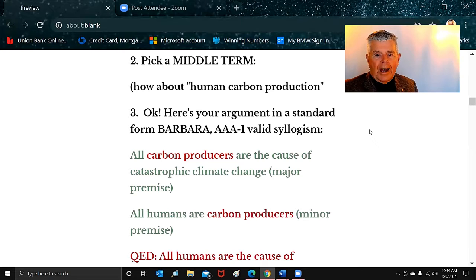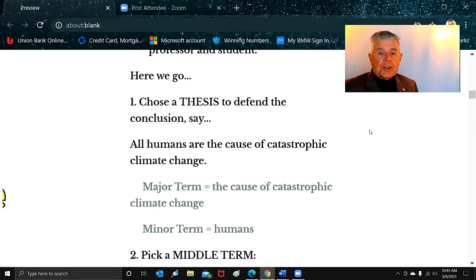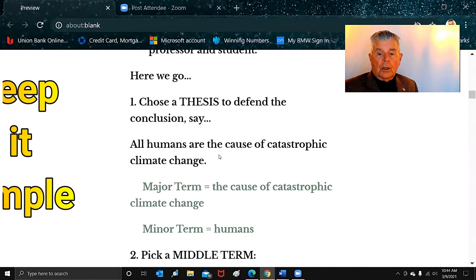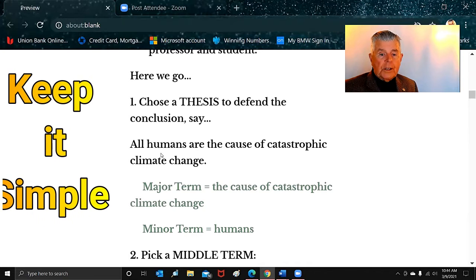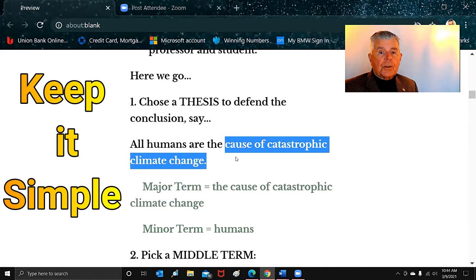Well, if we look at the thesis itself, all humans are the cause of catastrophic climate change. What is it about humans that is joined by necessity to the cause of catastrophic climate change? What's the connection? That's the middle term. That's what distribution is all about. You've already learned this.